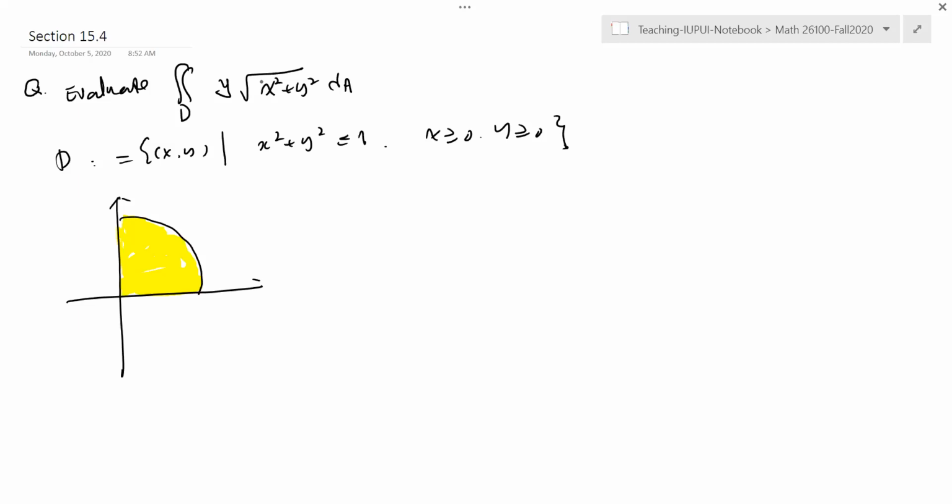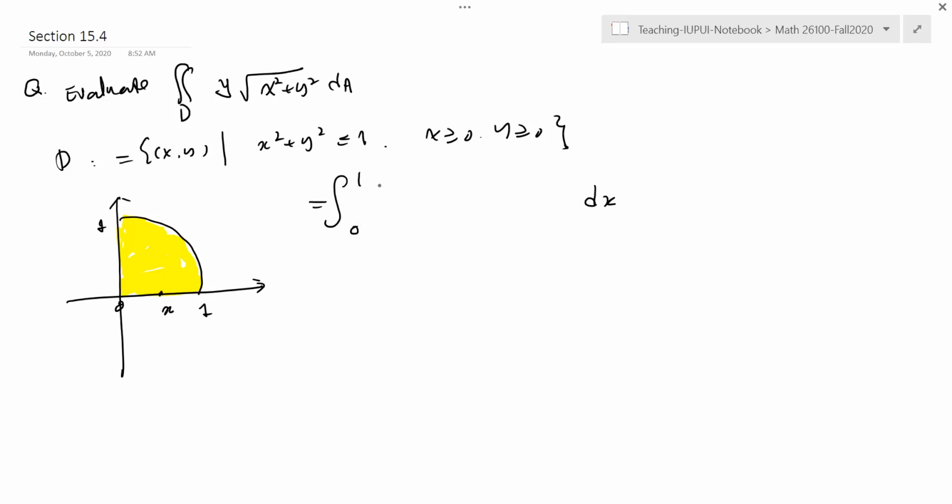Okay. So how to do that? This is a 1. This is a 1. Okay. So let's set up two iterated integrals. The first one, if you want to evaluate it with respect to x, then you have to figure out for what x, right? x is between 0 and 1, so from 0 to 1, okay?